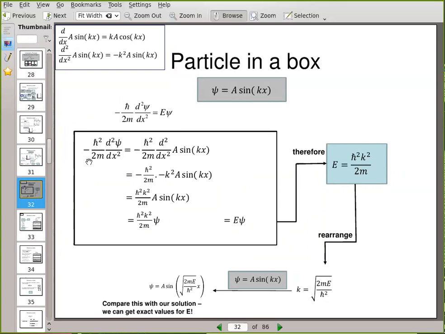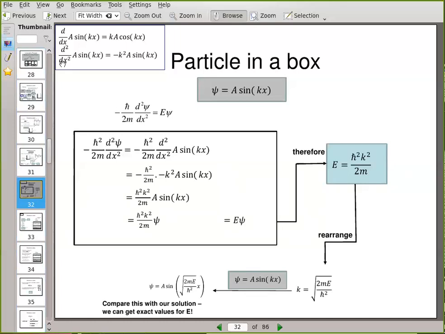So I'm working on the left-hand side, and I've got a constant times d2 by dx squared of our wave function. And of course, we know that d by dx of sine kx is just k times cos of the function. And if you d by dx that again, the k comes out and it becomes minus sine.